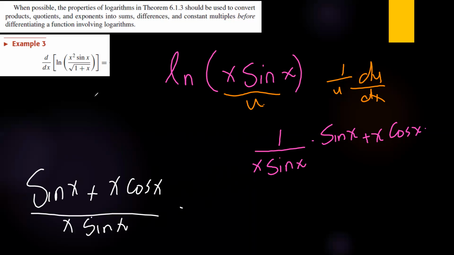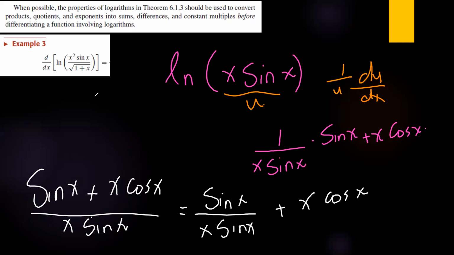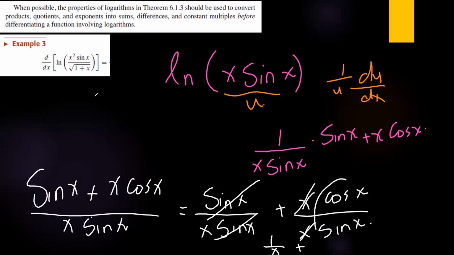Then let's distribute the numerator into them, plus x cosine x over x sine x. Then sine cancels sine, so we have 1 over x, plus x cancels x, and cosine over sine is cotan of x.